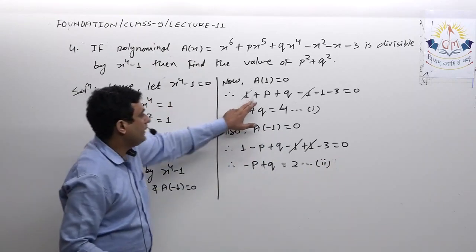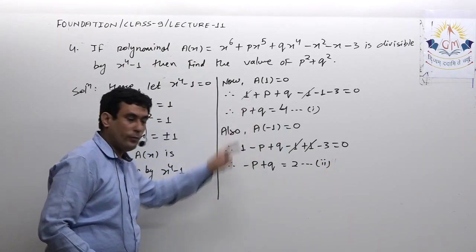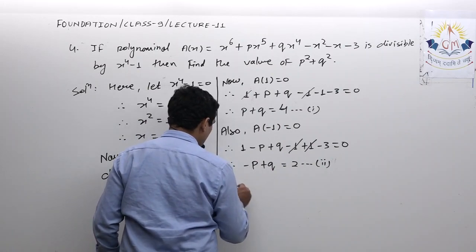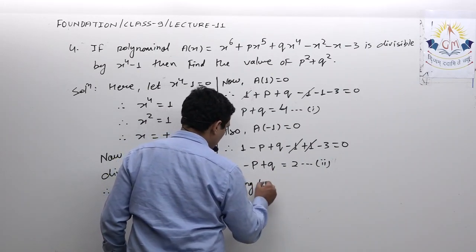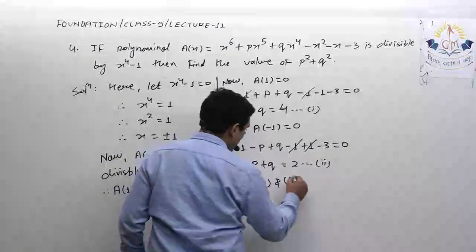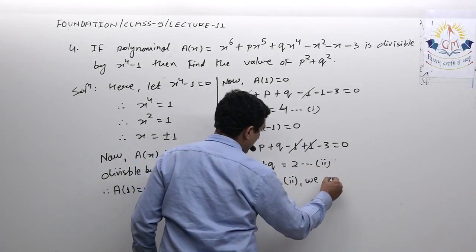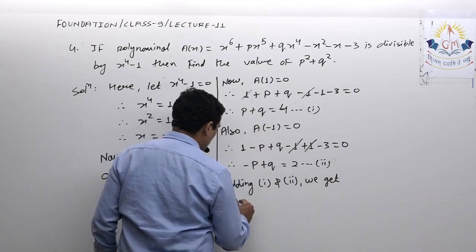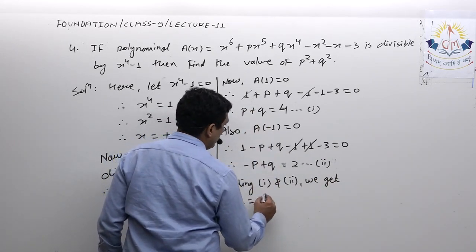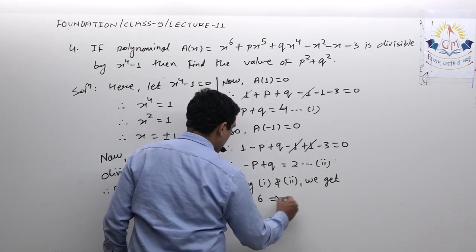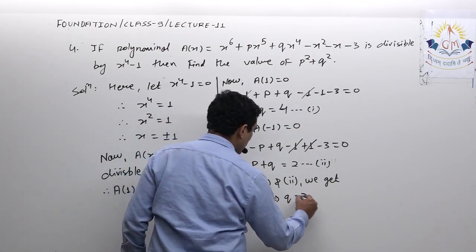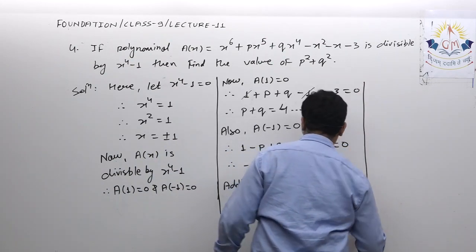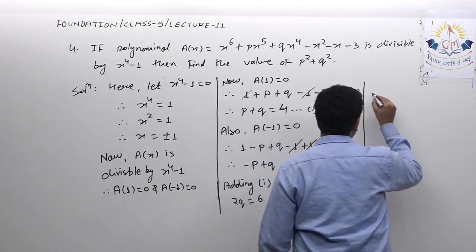Now we have to get the values of p and q from these two. So adding equation 1 and 2, plus p and minus p will cancel out. So 2q is equal to 6, which gives me q is equal to 3. Now if I have the value of one variable, it is easy to get the value of the second variable.